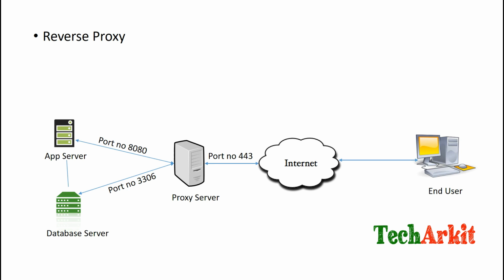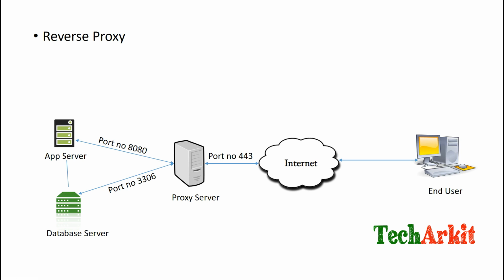Whenever the user hits port number 443, the proxy translates this traffic to what is required. Basically the traffic goes to the app server, and the app server talks to the database server. This is how the reverse proxy helps in hiding your sensitive systems behind the proxy.